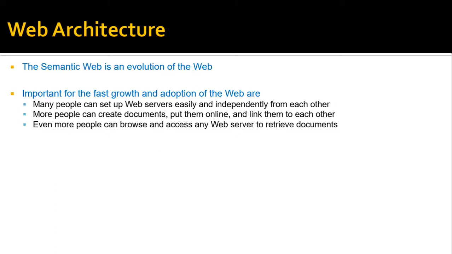For example, the IIT Kharagpur admin set up a web server and connected it to the outer internet, right? And then there are even more people than those who can create web servers. They can create documents, put the documents online, and link one document with the other, right?